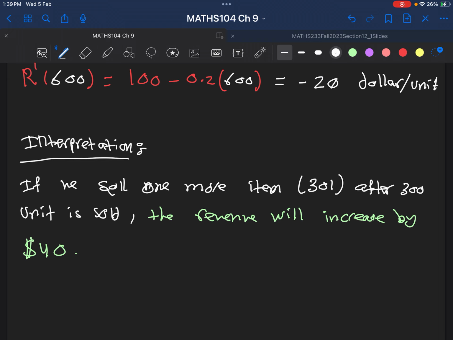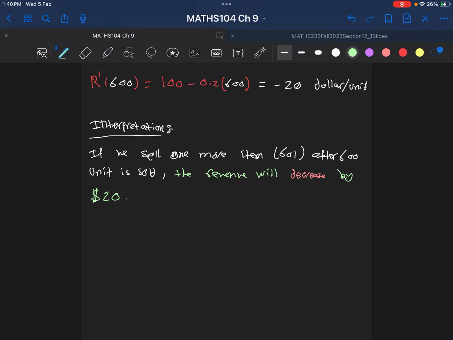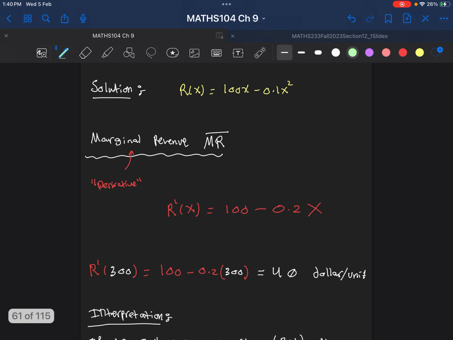The answer is negative $20, which means if we sell one more item after 600, which means 601, the revenue will not increase. In fact, it will decrease by $20. We'll start losing money in estimation.